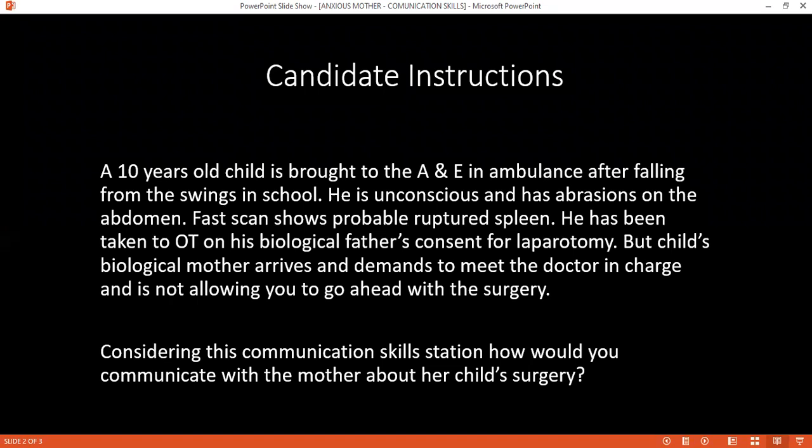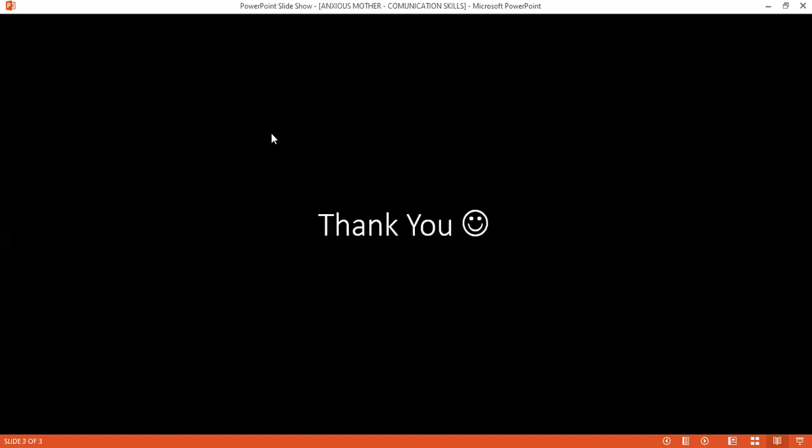So, Miss, your child came with a trauma to the tummy after falling from a swing in the school, and unfortunately, on investigation, we had to perform a surgery, and before you arrived, we took the patient to the operation theater, but he's in good hands, and our experienced surgeons are performing the surgery.